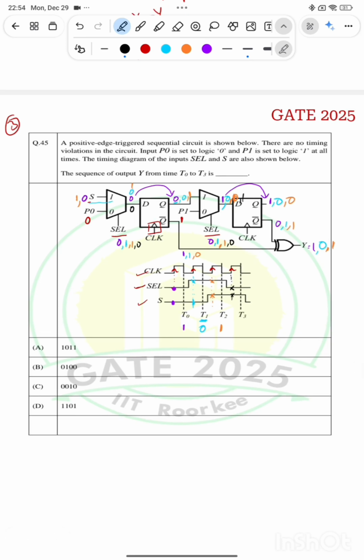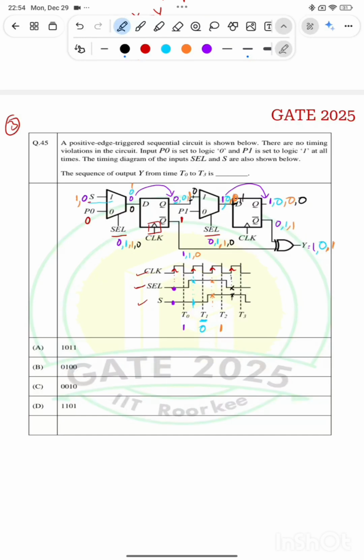Fine. Now at this rising edge what will be the output here? So the current input is 0 and here the current input was actually 1, right. So I will get 1 here, sorry not 1 here, I mean 0, right. So I will get 0 here.